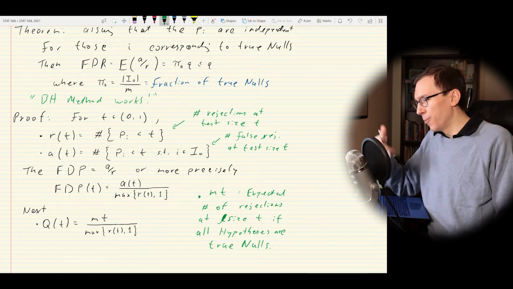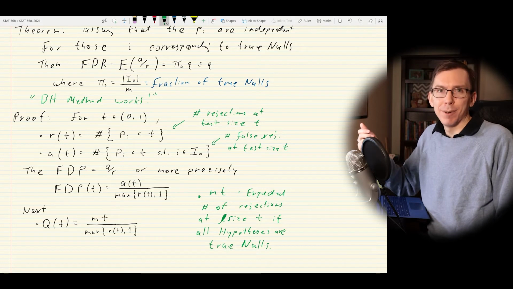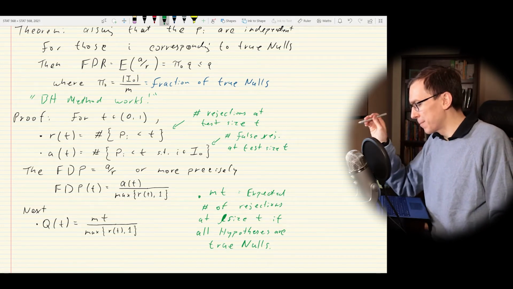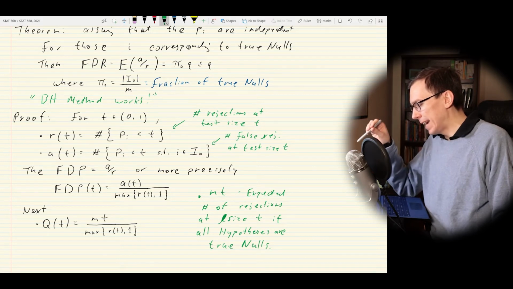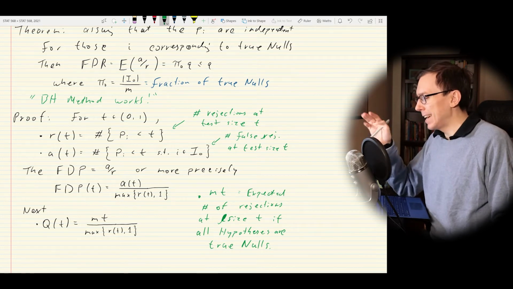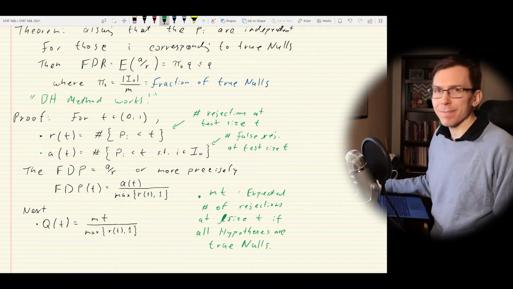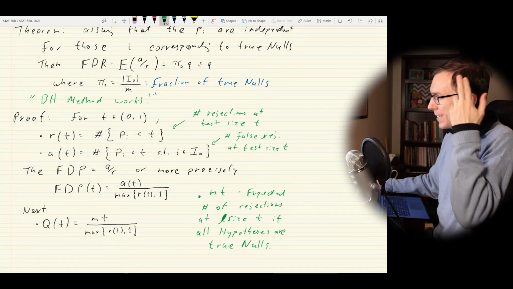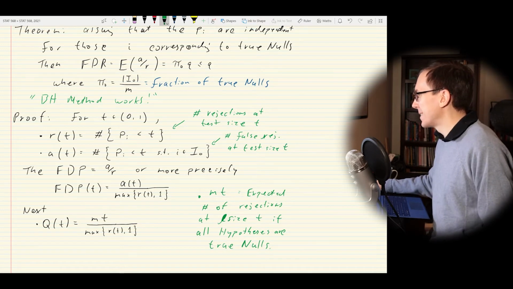If T is 1%, we would expect 1% of M tests to be rejected. So it's the expected number of rejections divided by the actual number of rejections at index T. I'm also teaching time series, so whenever I see T as an index, I keep thinking time, so I may make that mistake again.